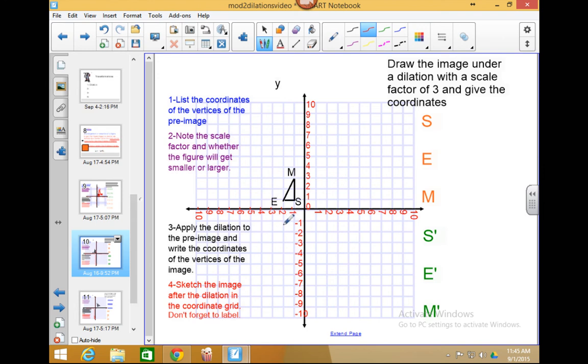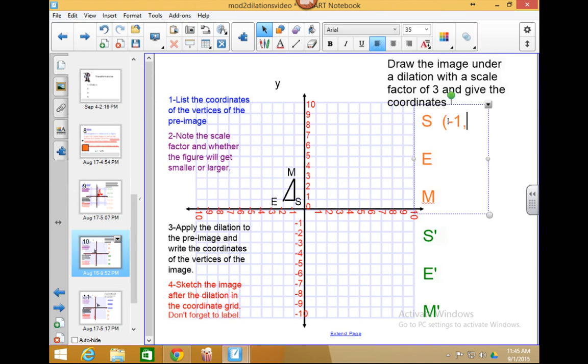Another example, we're going to be looking at drawing the image under a dilation with a scale factor of 3 and giving the coordinates. So again, step number 1 is list the coordinates of the vertices of the pre-image. So all I'm going to do is write down the coordinates. So S is -1, 1.